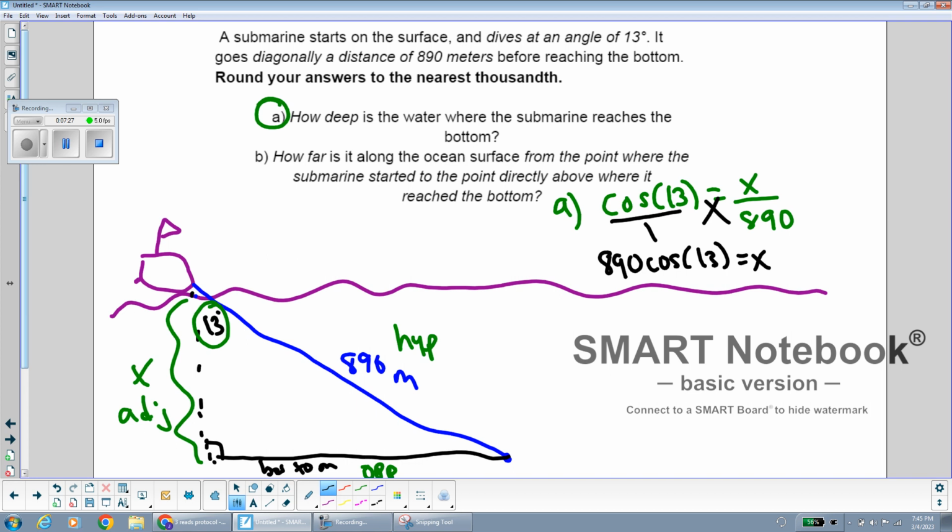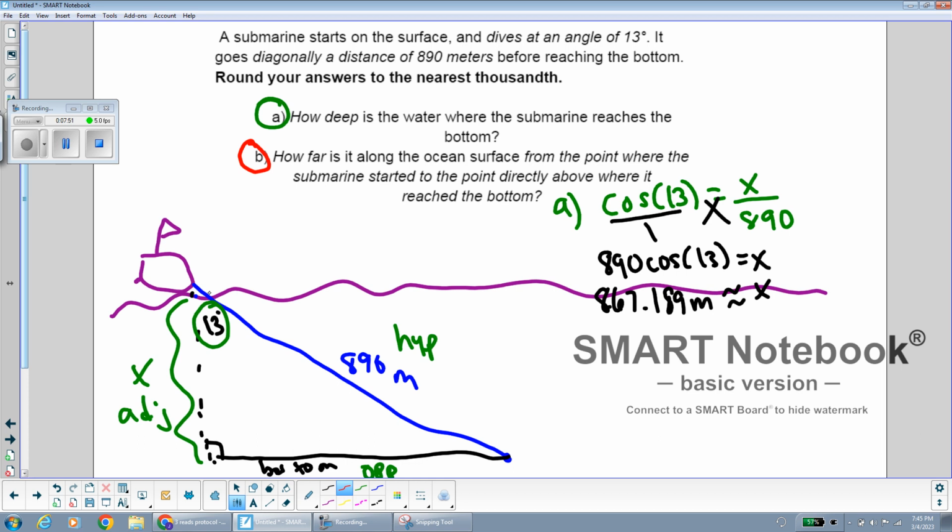And it does say to round to the nearest thousandth. That's 3 decimal places. So x is approximately 867.189 meters.